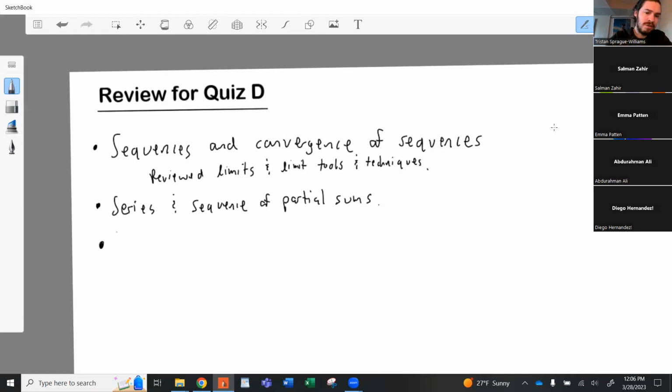Then we learned a couple of other things. We learned two special rules. We learned recently the divergence test, the nice, quick test we can review today, and the integral test. Okay, we can review both of those.